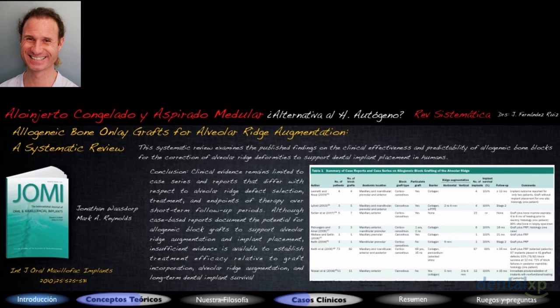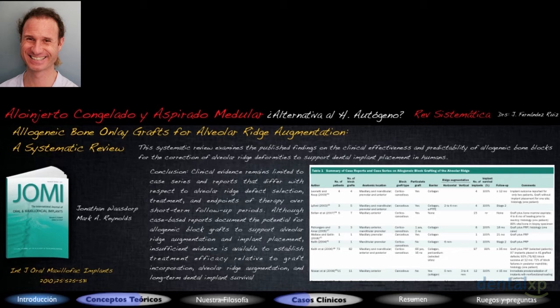And we know from different papers that the use of allogenic bone grafts has a low level of scientific evidence and is still in doubt to be considered an ideal standard like the autogenous bone graft.